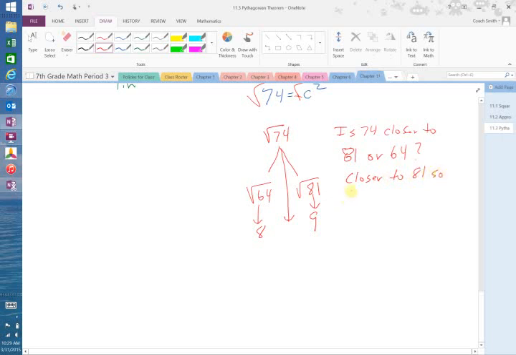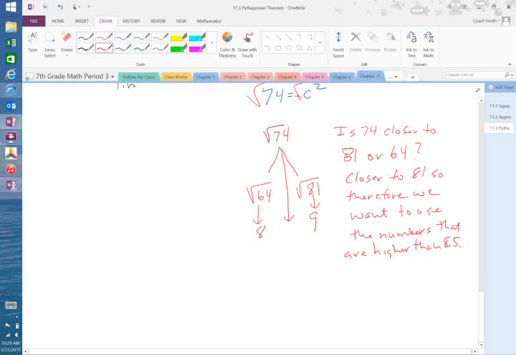So therefore, we want to use the numbers that are higher than 8.5. Okay, it's more than halfway.